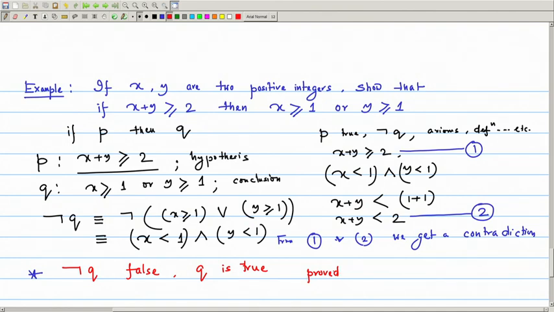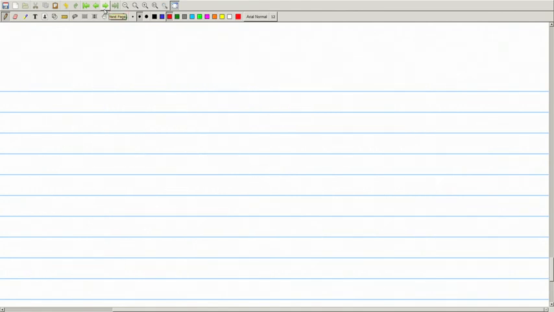So, we can define the contradiction in this way.